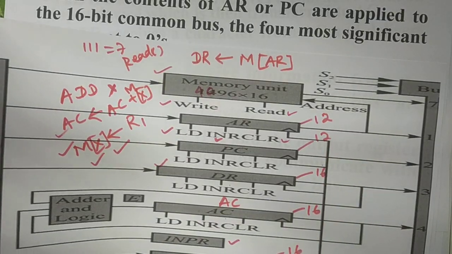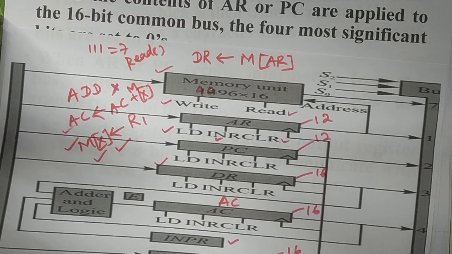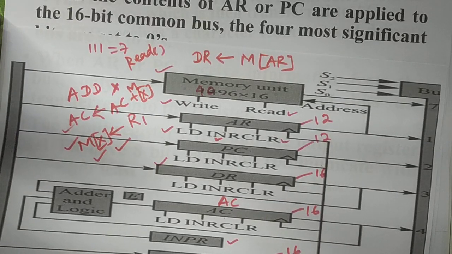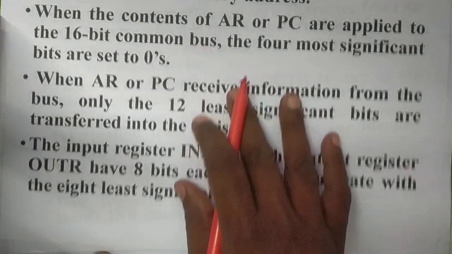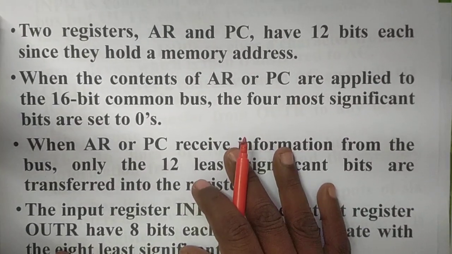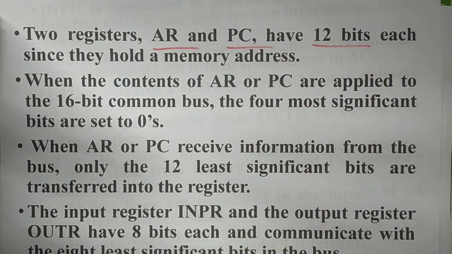These are the capacities of each individual register. Since they hold a memory address, AR and PC have 12 bits.